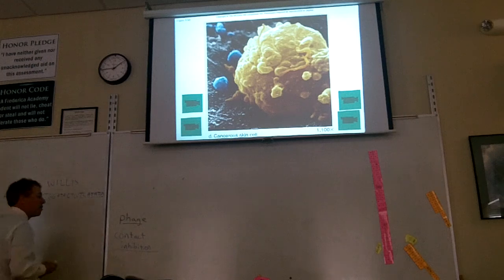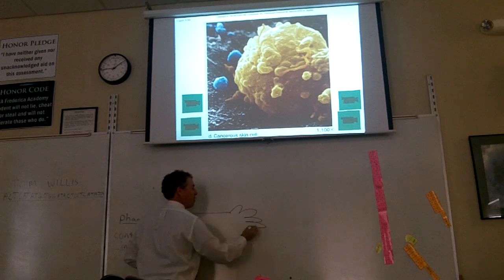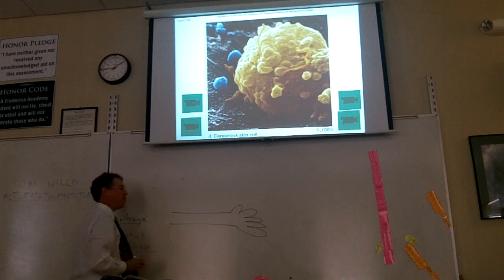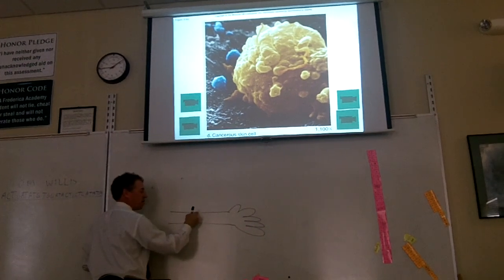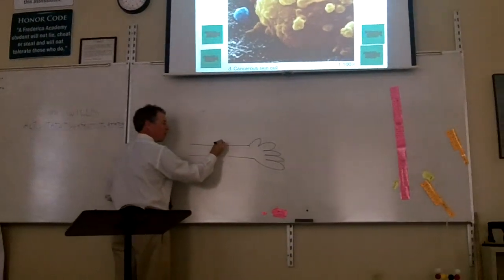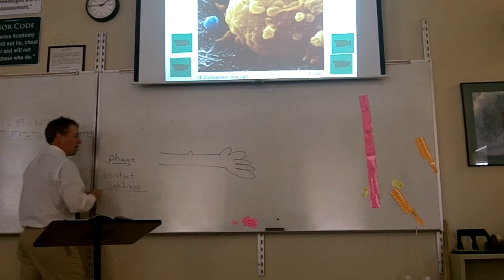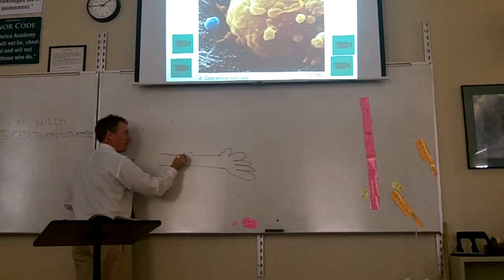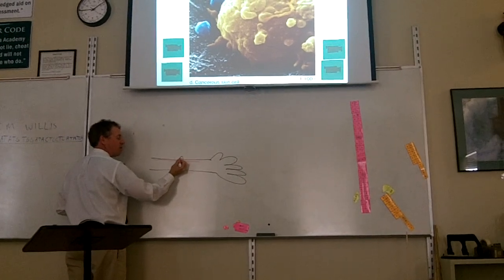So, if this is an arm, somebody's arm, that's a hand. I'm a good artist, aren't I? And you have this growth, which there's your tumor, and there are blood vessels going underneath the skin. The blood vessels will grow into the tumor, you see.